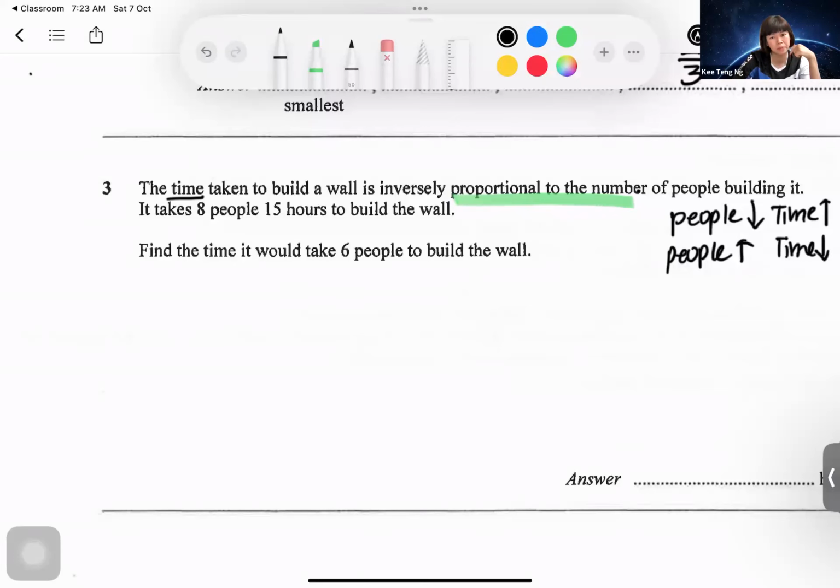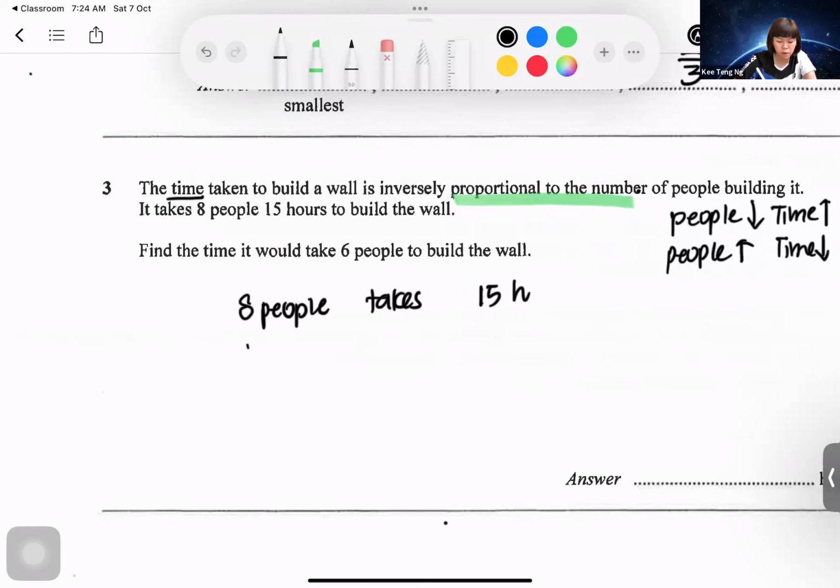So they say 8 people take 15 hours to build a wall. Usually we count one person.